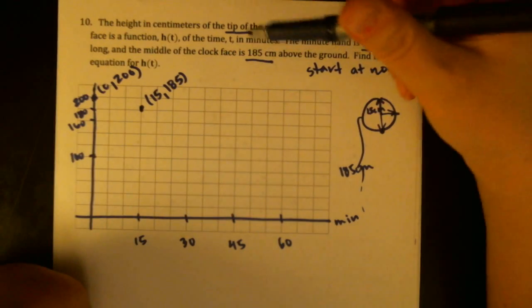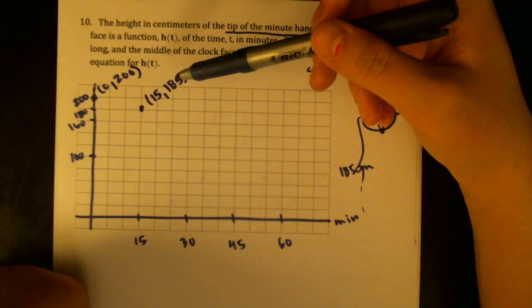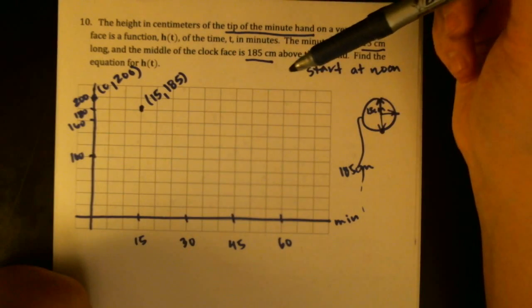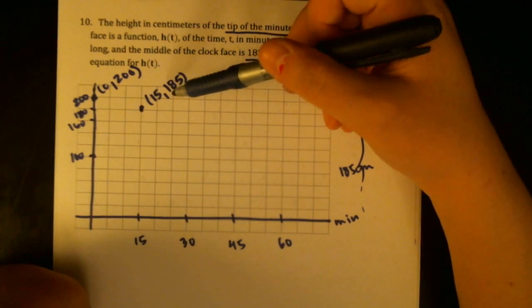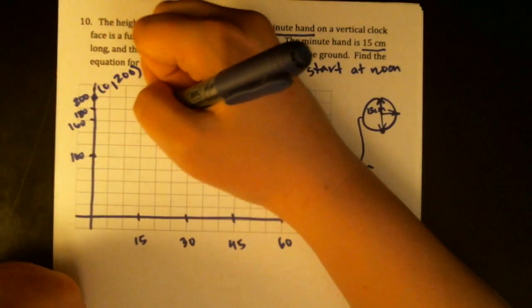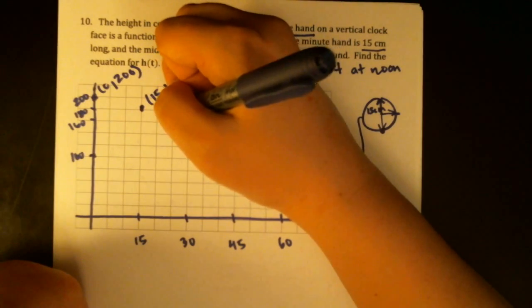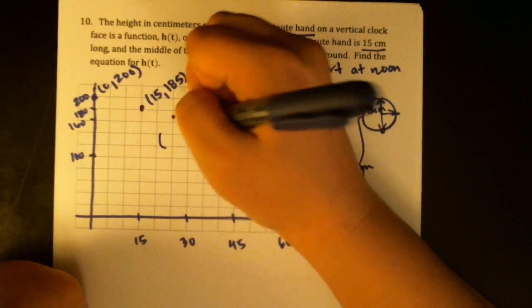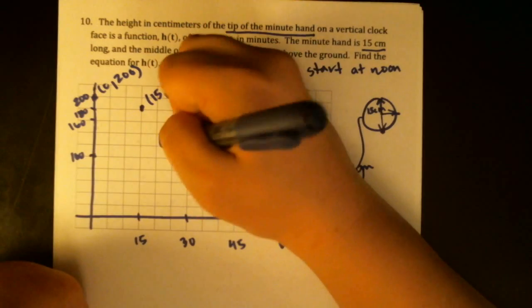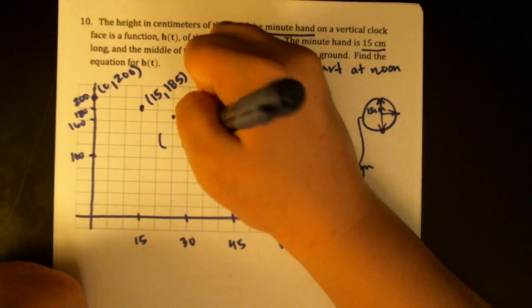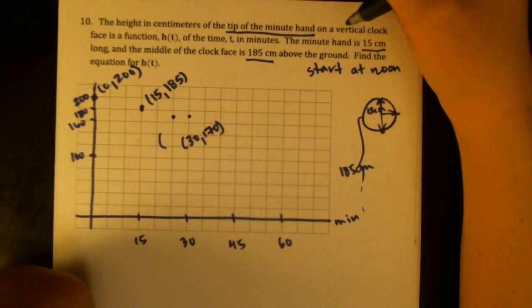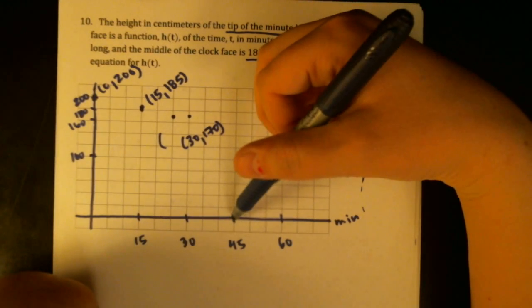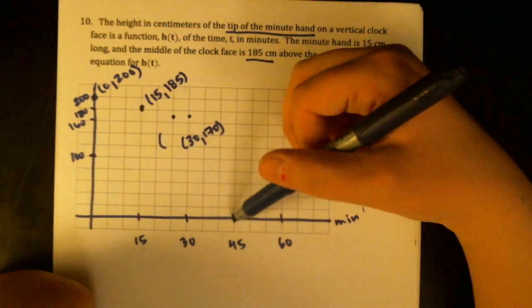And then after another 15 minutes, I drop 15 centimeters. So I'll end up at 170, which is right in the middle. This is why I don't normally do these in permanent marker, but it shows up so nicely.